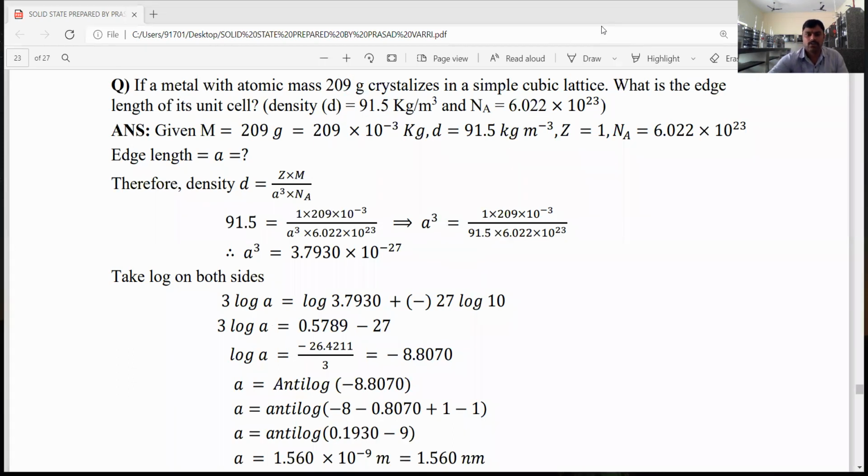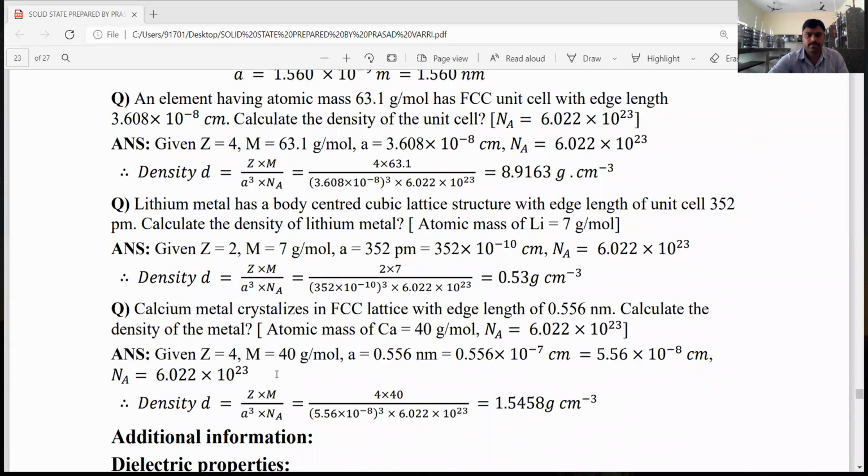Okay, let's go for the next question, dear students. The next question is: an element having atomic mass 63 has an FCC unit cell, and the edge length is given directly in centimeters. Calculate the density. You just have to substitute all the values in the density formula. D is equal to Z M by a cube Na.